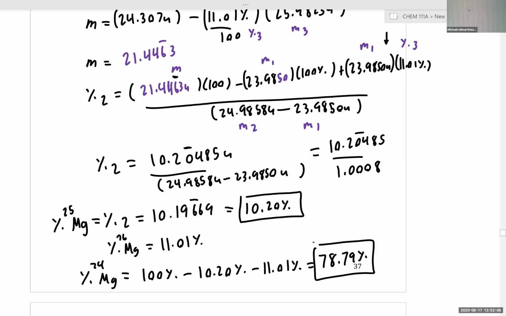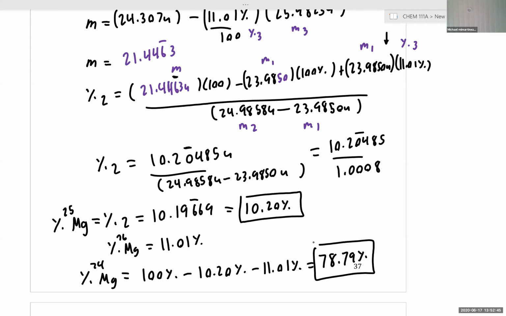So even though it's a little more finicky to enter into your calculator, the theory behind this process is exactly identical to our 2 isotope system. Are there any questions on these examples? It's really important just to check your work when going through the calculations to make sure you didn't make a calculator error. And otherwise your percentages should all add up to 100, and they should obviously be between 0 and 100 and be positive numbers.